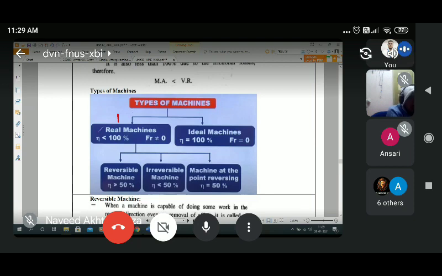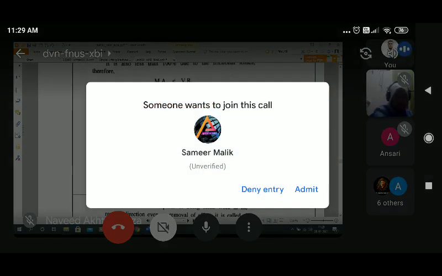Here friction also comes into the picture and the opposing force, so the efficiency is reduced. There are losses, mostly called the friction loss.